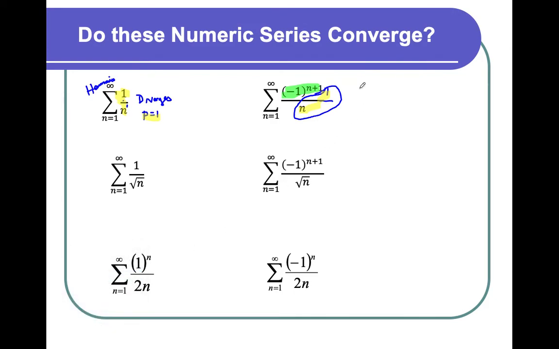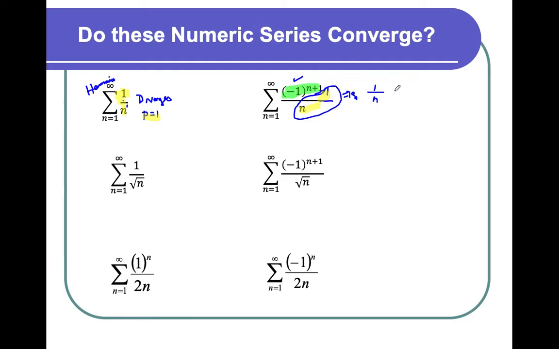So I have the sign alternator, check. -1 to the, plug in 1, 1 plus 1 is 2, -1 squared is positive. Then plug in a 2, 2 plus 1 is 3, -1 to the third is -1. Right? There's my sign alternator. Then this is my a sub n. My a sub n is 1 over n.